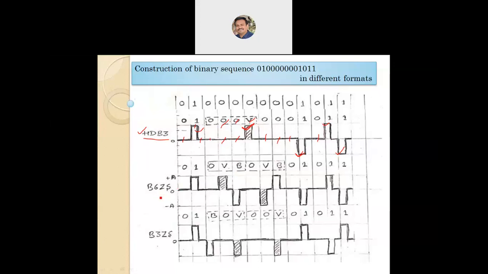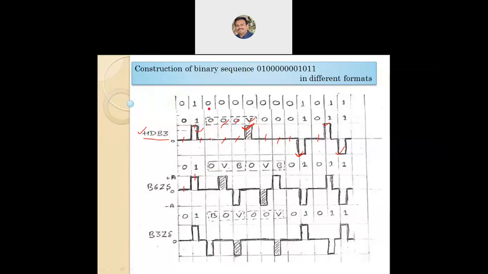So we are going to concentrate. The special code must be applied for a group of 6 continuous zeros. So here the special code is 0VB, 0VB. So the remaining bits will be as per the bipolar. So first bit 0, 0 amplitude, 1 plus A amplitude.